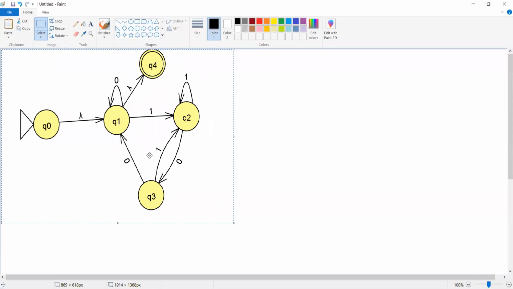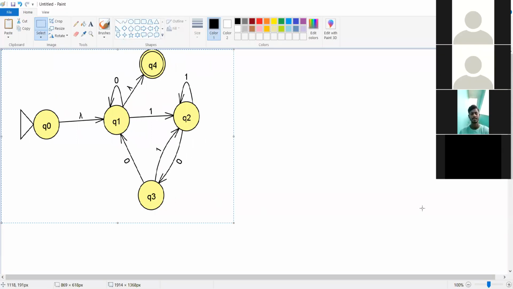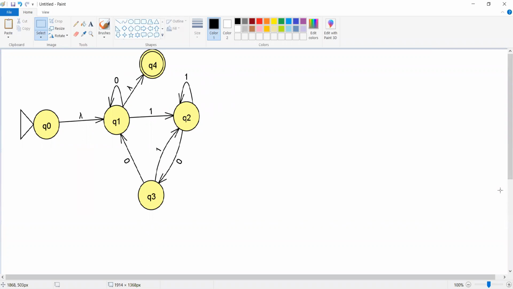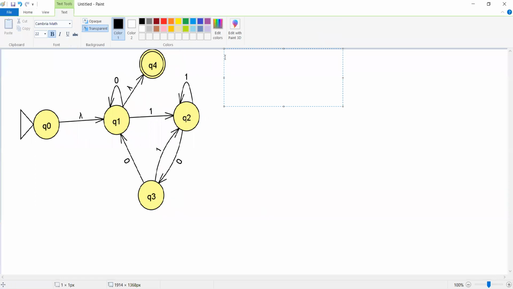Now I want to remove this node, the Q3 state. This is the state which I want to remove.